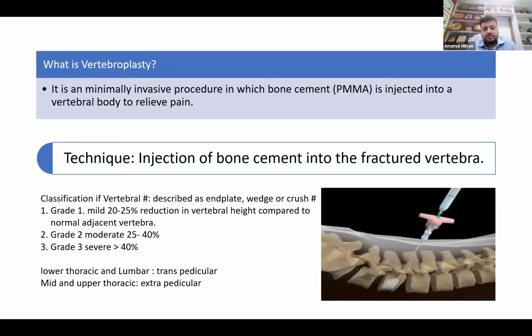If it is more than 25 but up to 40%, it is known as a grade 2 fracture. If it is more than 40%, it is known as a very severe type of fracture. Especially in grade 1 and grade 2, we are doing vertebroplasty. Sometimes we can do it also in grade 3, that means more than 40-50% loss.